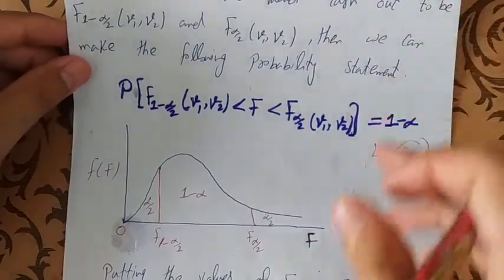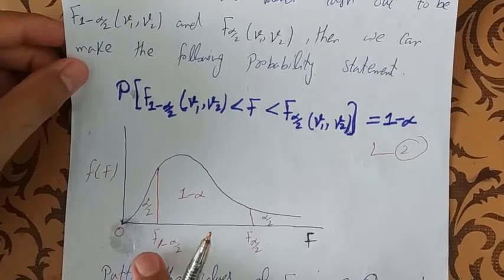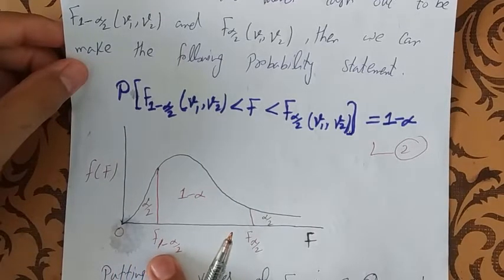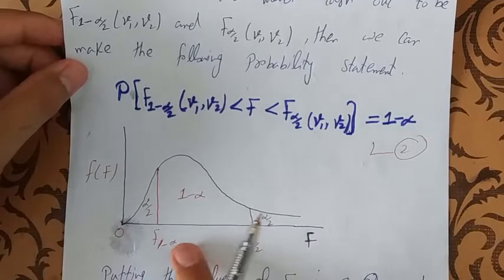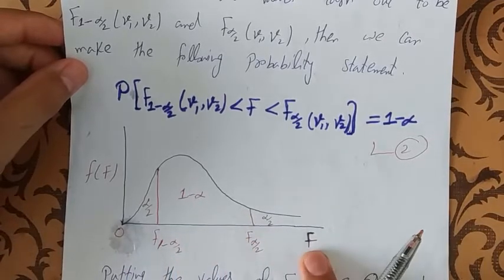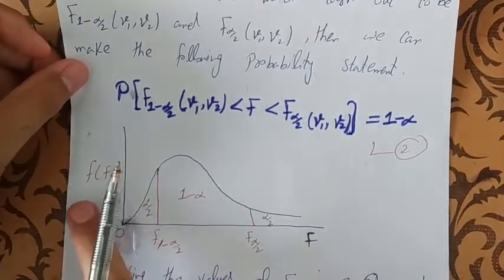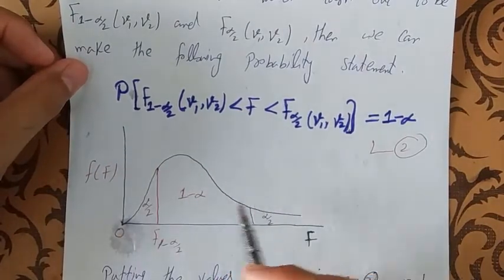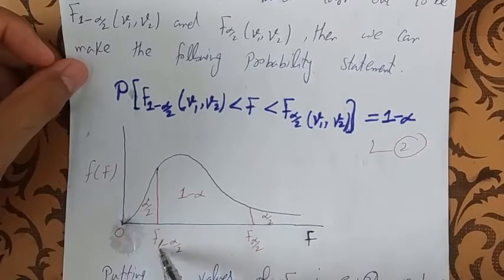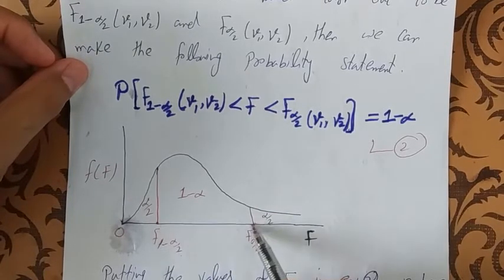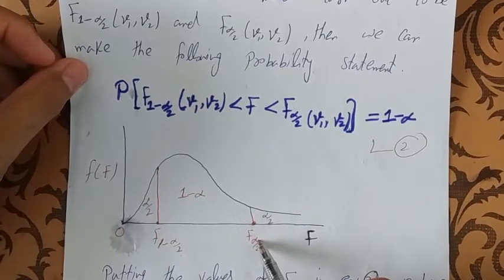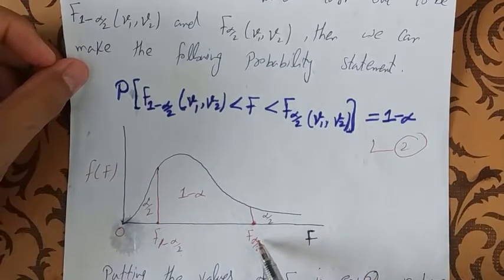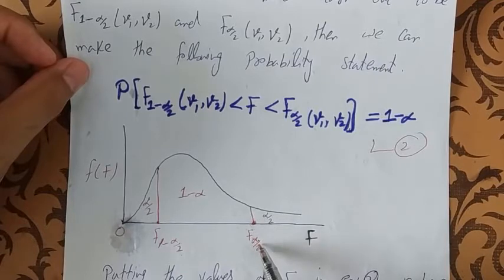When we construct the bell-shaped graph for the F distribution, on the x-axis we take f, and on the y-axis the function of f. This is the point f 1 minus alpha by 2, and this is the point f alpha by 2. Alpha here is the significance level; we divide the significance level by 2 and write it in the f subscript.